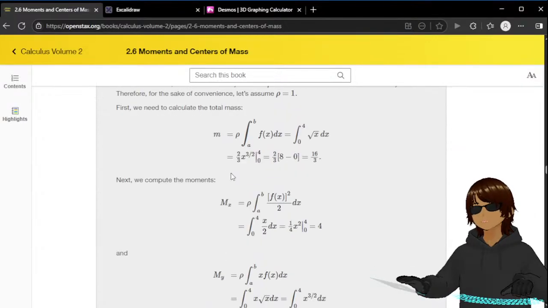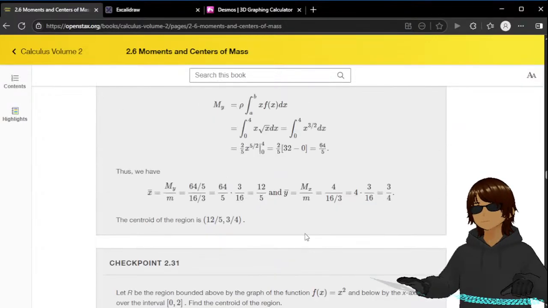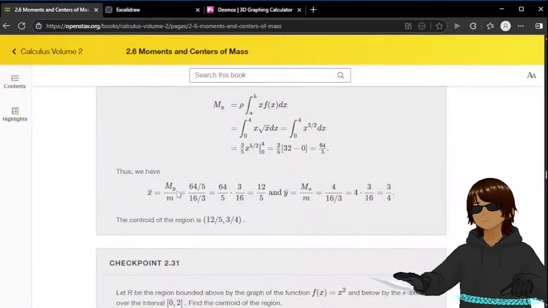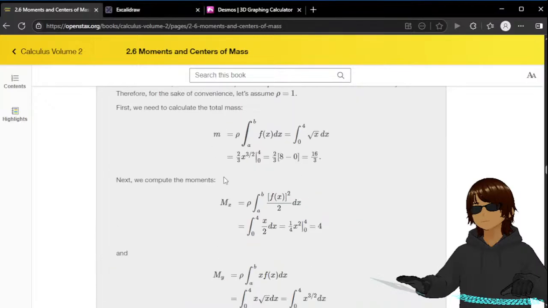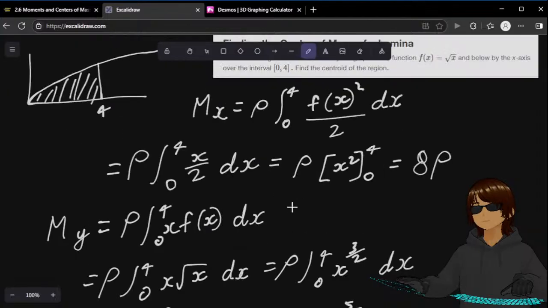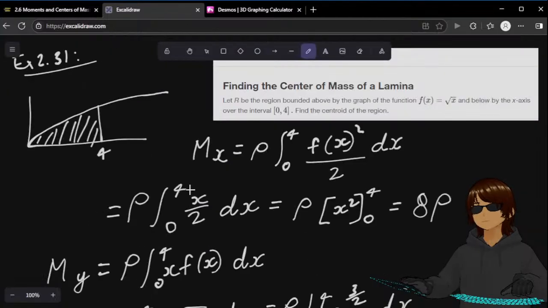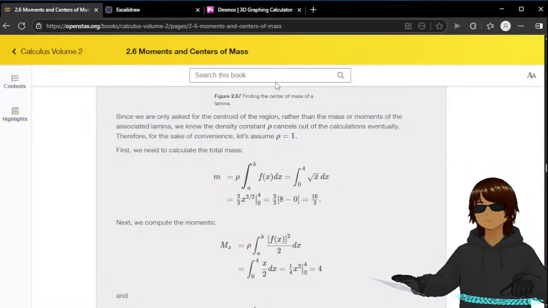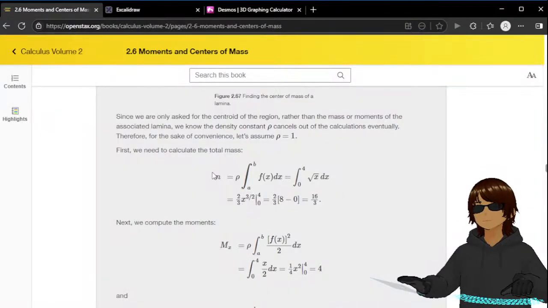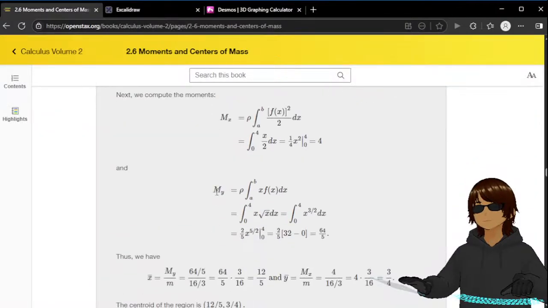Do we assume the density is 1? It's root x. Hold on. How did they get this as 4?